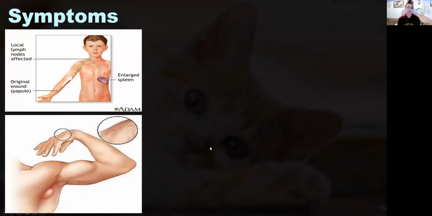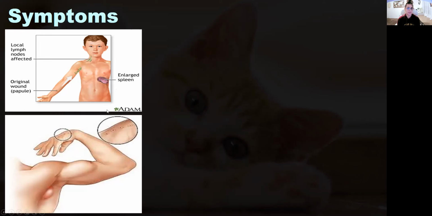And here we have a more visual picture for you all to appreciate with regards to the symptoms. And we see here the site of the wound. And ipsilaterally, same side right here, you would see swelling in the lymph nodes. Right here too.